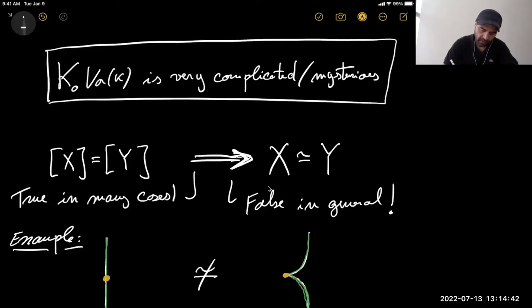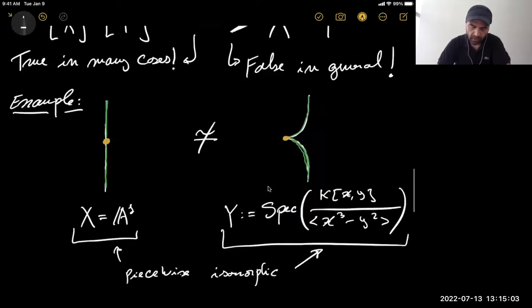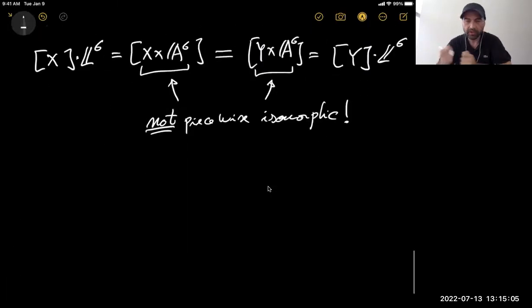The goal of today's talk is to explain some cases where this implication actually holds. So you have some kind of rigidity saying that when you look at the Grothendieck classes of your varieties, they are the same if and only if they are already isomorphic. So you cannot have strange identifications in the Grothendieck ring.